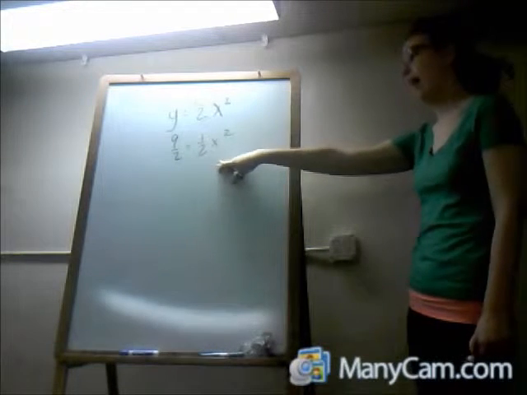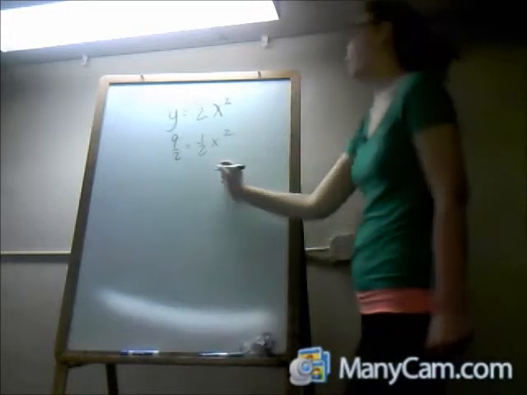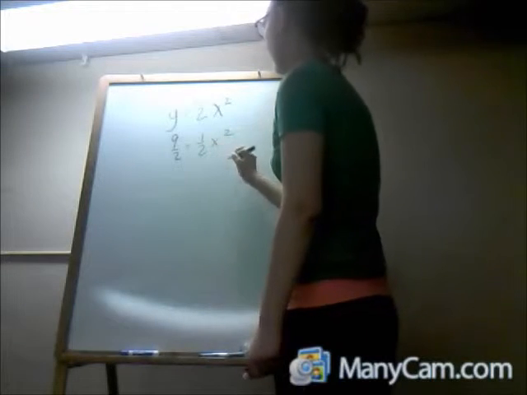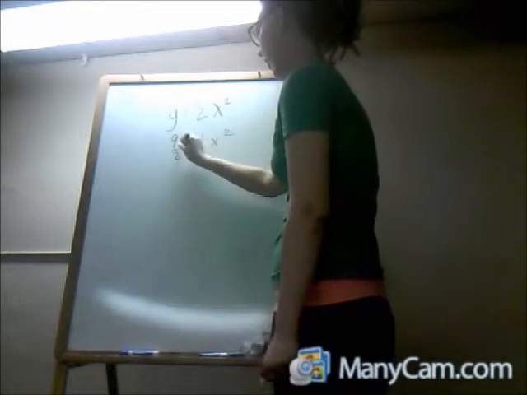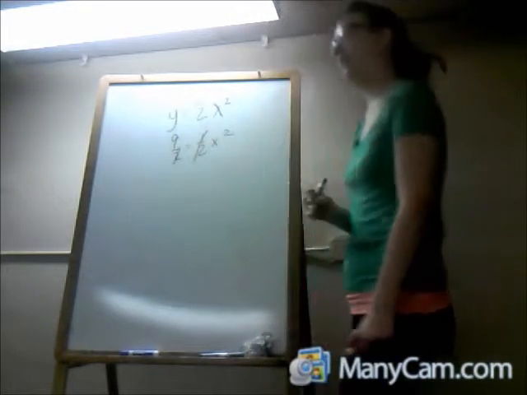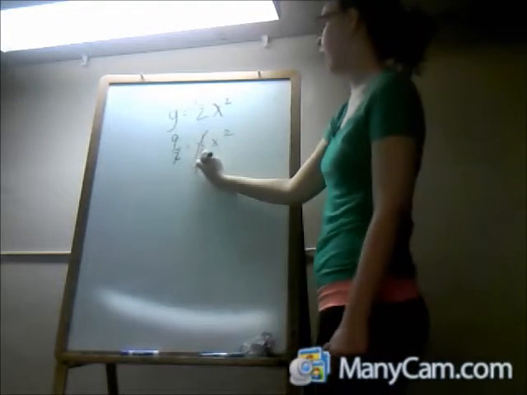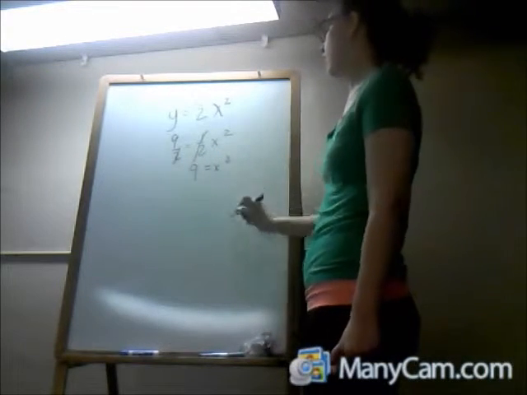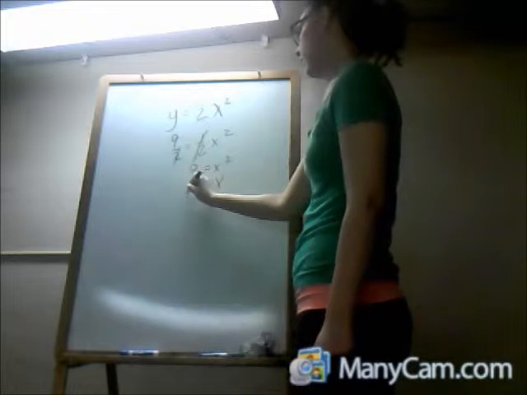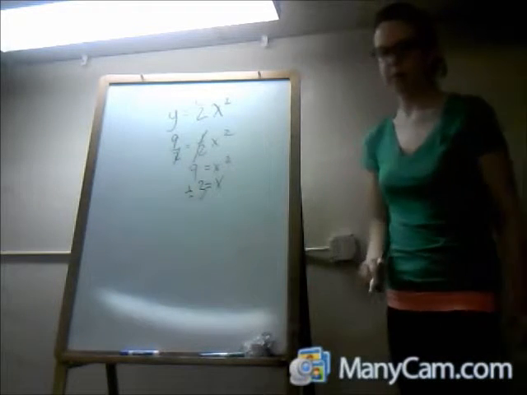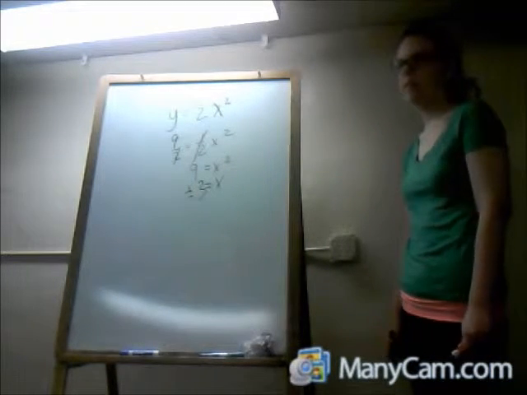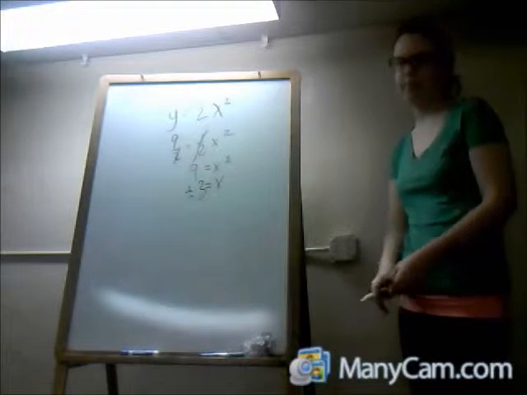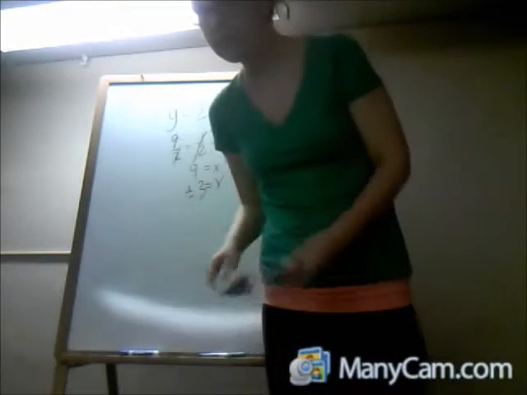So 9/2 equals 1/2 x squared. Let's just eliminate those 2's, so we get x squared equals 9. So then x equals plus or minus 3.